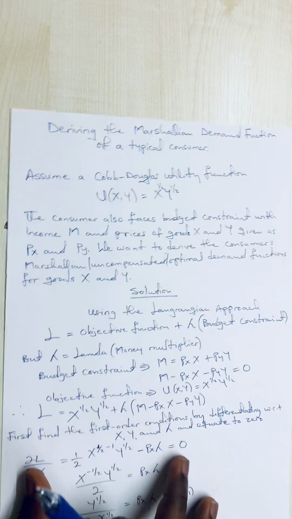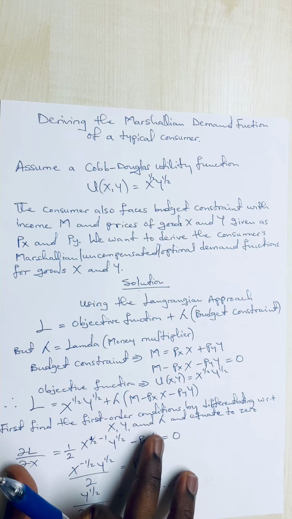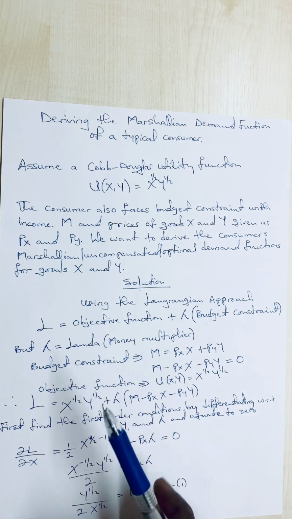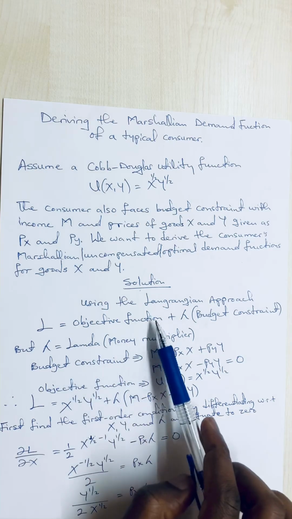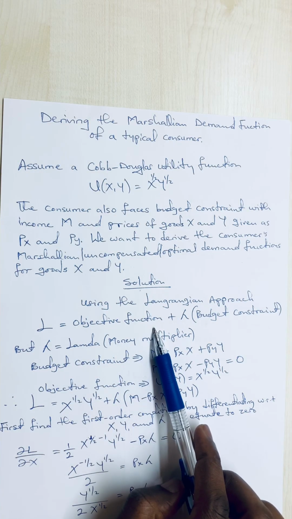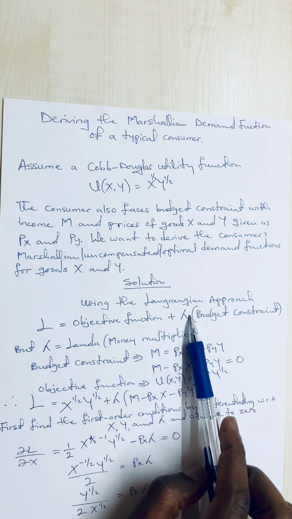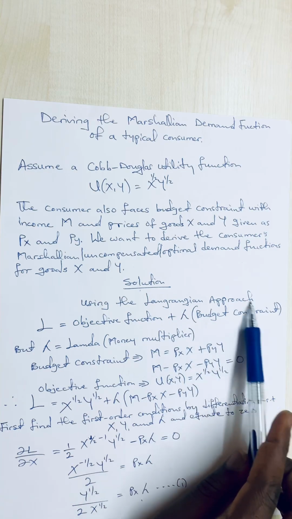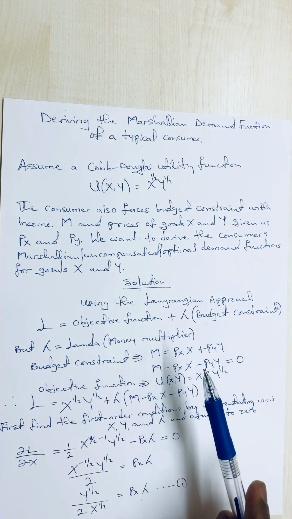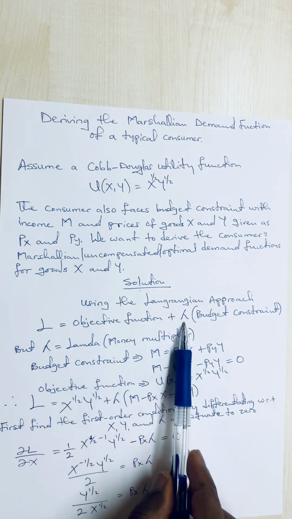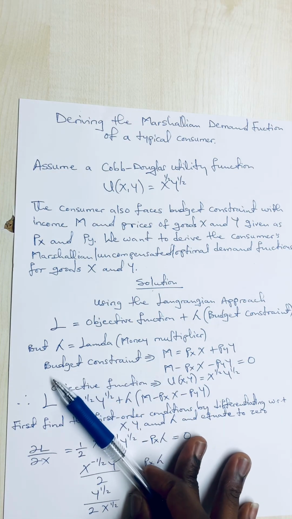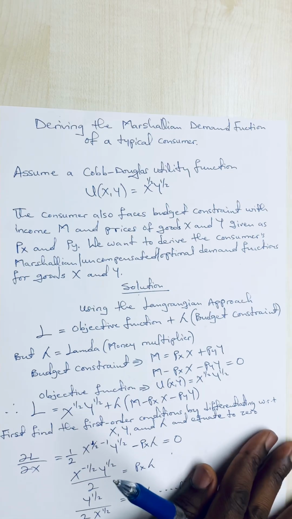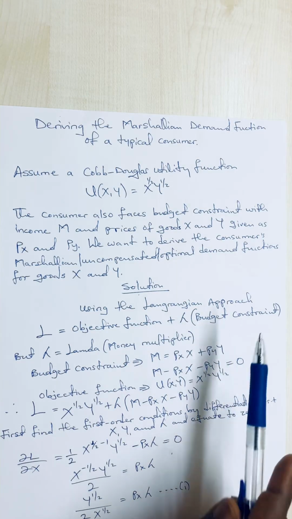So we want to use the Lagrangian approach. The Lagrangian function is equal to the objective function plus some lambda multiplied by the budget constraint. Lambda is the money multiplier. It tells you the rate of money sensitivity to changes in the consumer's budget constraint.